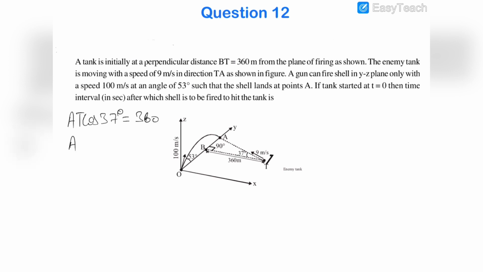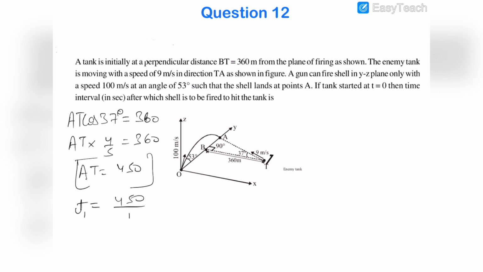So AT cos 37 is 4 by 5. This is 360. So AT will be equal to 450. And this distance AT is 450, and the time taken by the tank to reach with a speed of 9 meters per second would be 450 upon 9. So it would be 50 seconds.